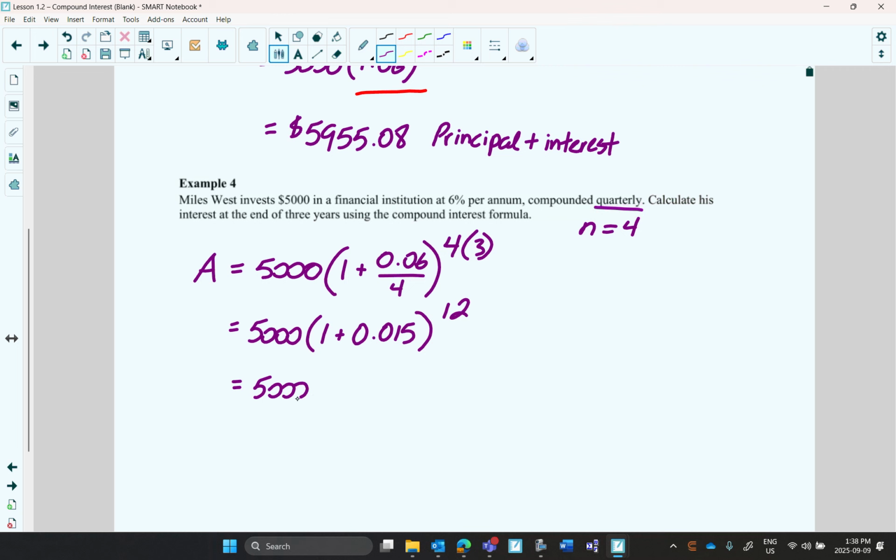So therefore, add the two numbers in parentheses, and I get 1.015 raised to the 12th. And now you can do your calculation.